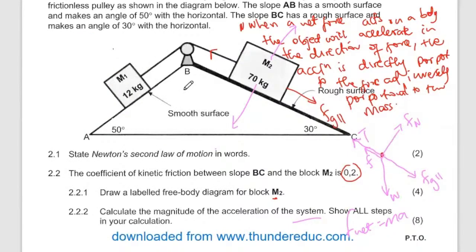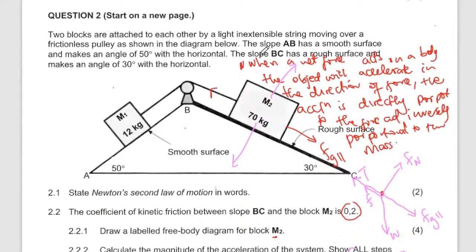I don't know which option will be better. Let me just, what is happening with slope AB? The friction is small, which means there's no friction. Let me try to look at the entire body. Then it just makes sense.